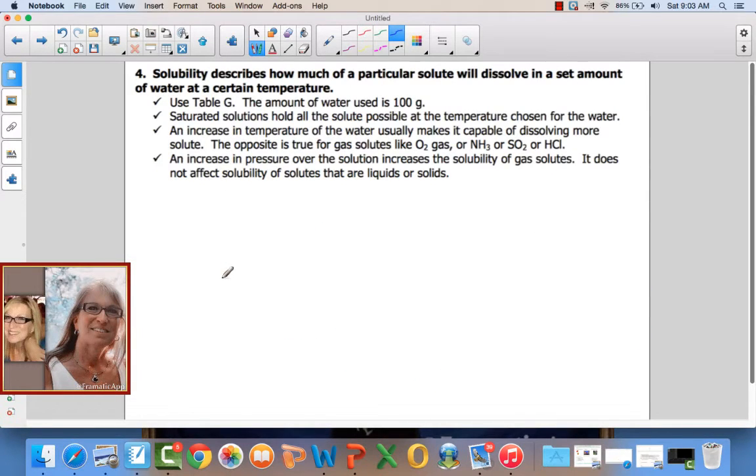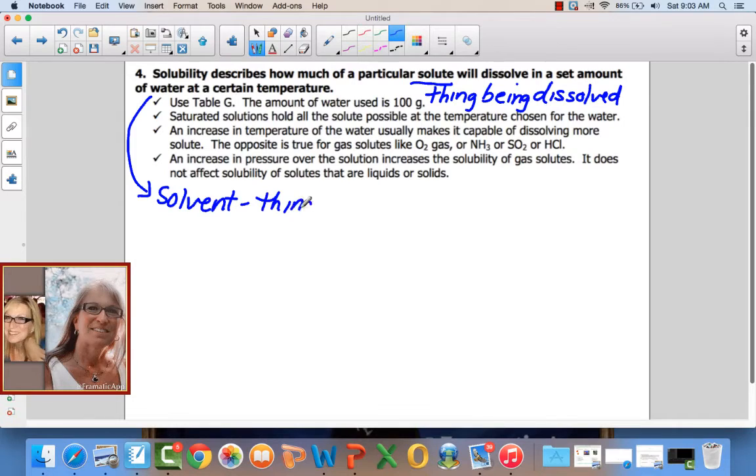Solubility describes how much of a particular solute, okay, that's the thing being dissolved, so that is the iced tea powder, in a set amount of water, and water is referred to as our solvent, okay, the thing doing the dissolving, at a certain temperature.